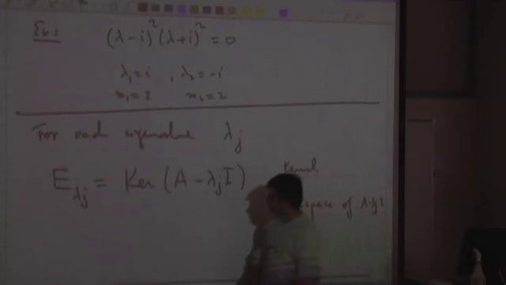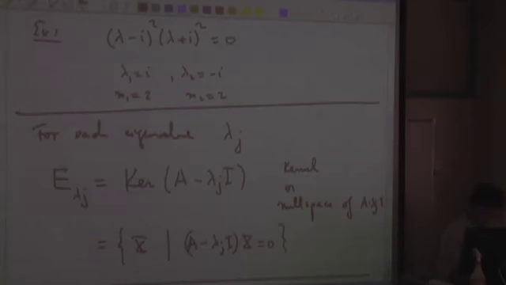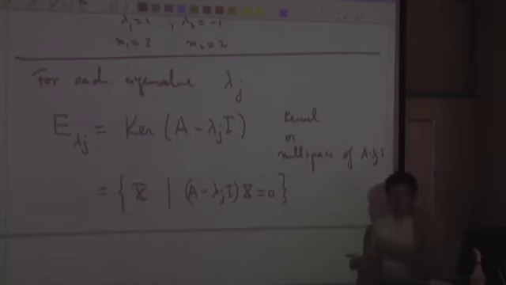I don't know which notation you've used. But this is basically the collection of vectors for which this matrix multiplied by that vector is 0. So what do you recognize this to be?